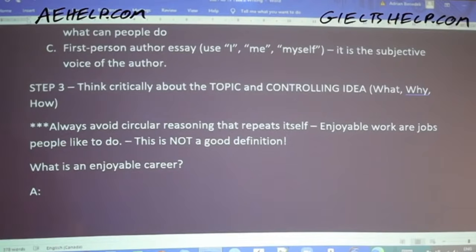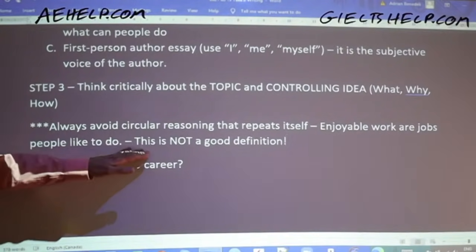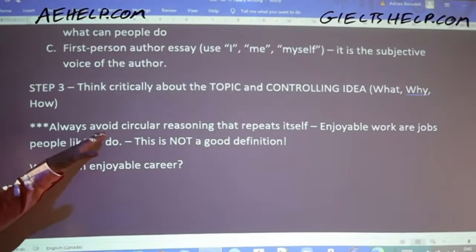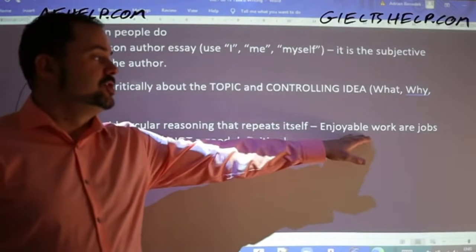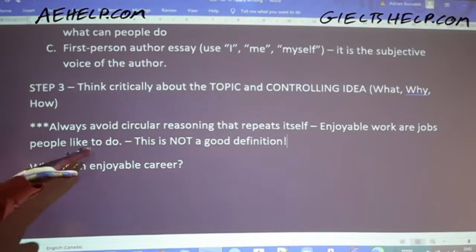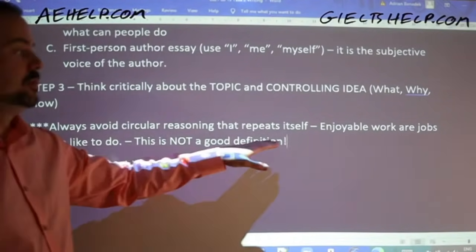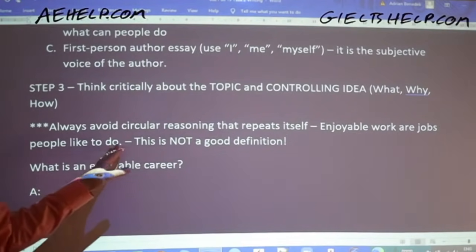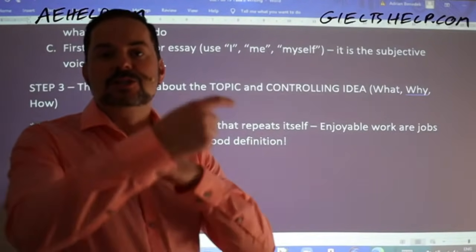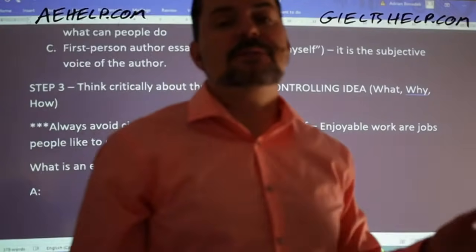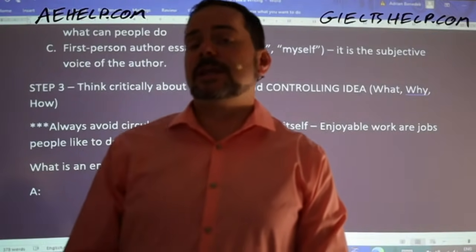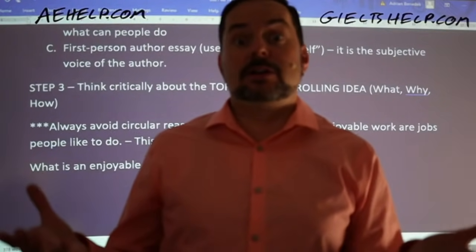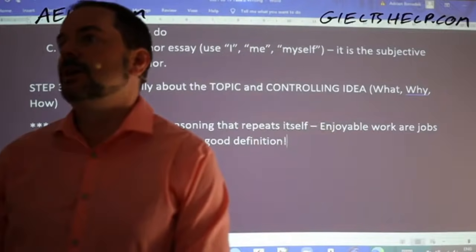You really haven't explained anything if you give this definition. So avoid this circular reasoning, right? Enjoyable work are jobs people like to do. Jobs people like to do are enjoyable work. You see, we can just keep going around in a loop, but if you're an alien from another planet, you really haven't understood anything. You're just kind of like, I'm super confused.